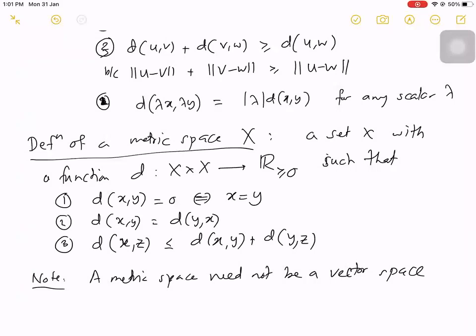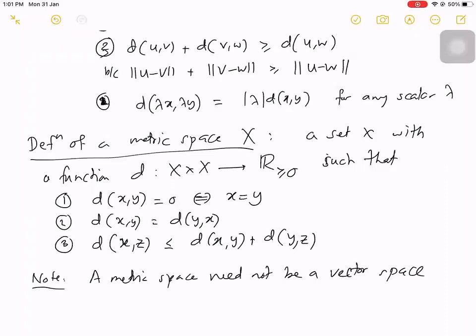A very obvious comment. If I take a metric space, and if I just take any subset of it, just any subset whatsoever, just see if conditions 1, 2, and 3 are satisfied. I use the exact same notion of distance, and you see, those 3 conditions are still going to be satisfied.